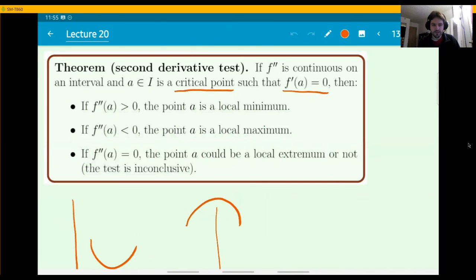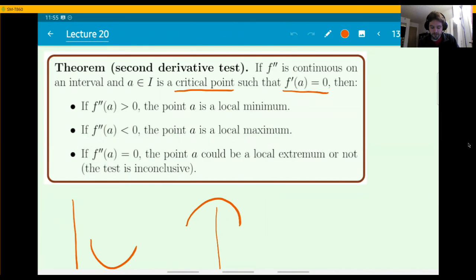So just to mention the second derivative test, and then I'm going to stop right here. What is the second derivative test? This is just like the first derivative test. It allows you to classify critical points as either a local min or local max. But now it's using the second derivative instead of the first.